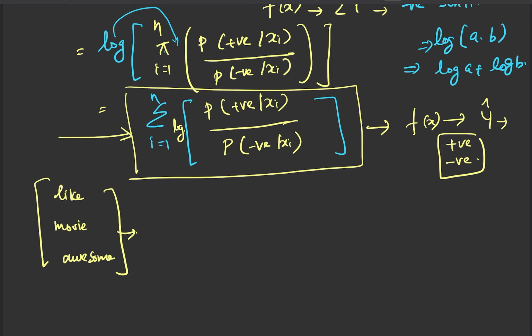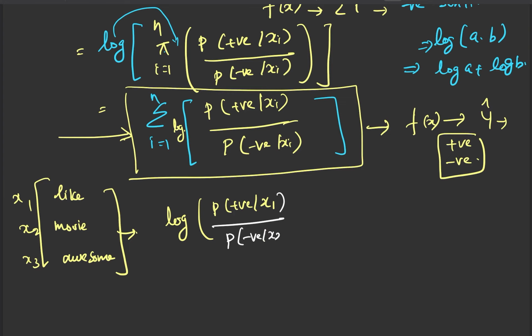First is the log ratio for each word. Probability of positive given x1, where x1 is like, x2 is movie, x3 is awesome, and then calculate the probability of negative for the given word x1.